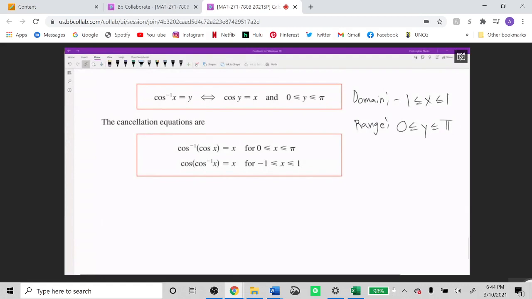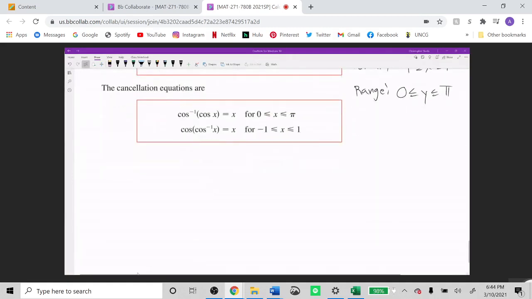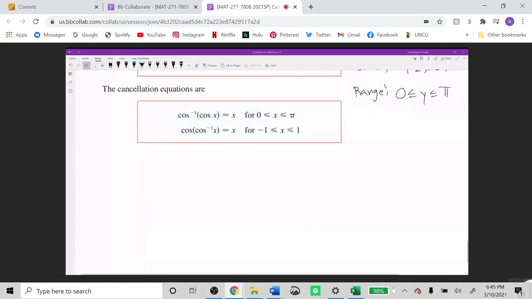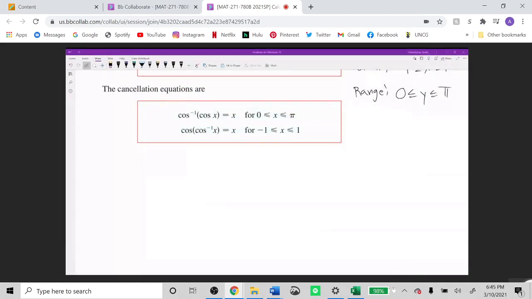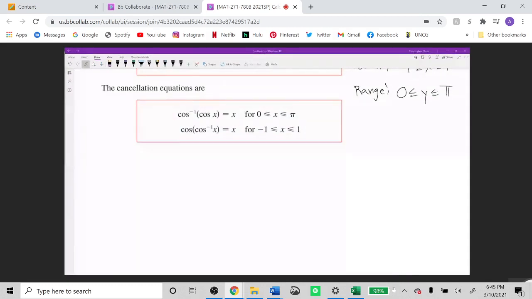The last of the inverse trig functions is the inverse tangent function. Okay, I'm just going to copy the passage here.